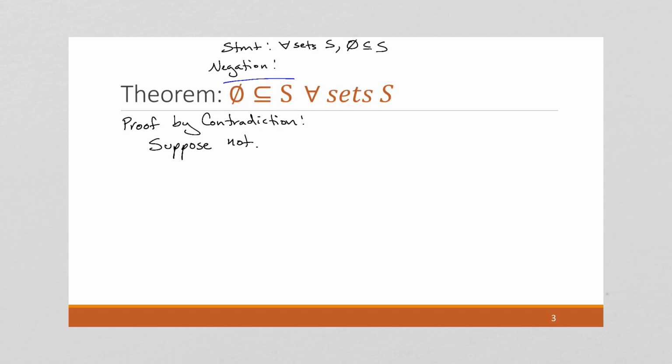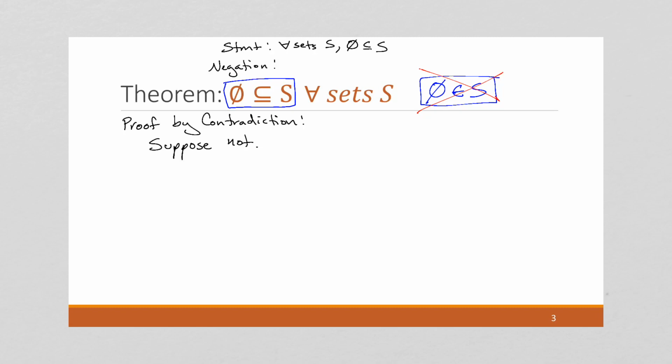We are saying the empty set is a subset of S. This is not saying that the empty set is an element of S. Right? These are two very different statements. So I'm not saying that somewhere in the bag or the set S, we have the empty set. What I am saying is that the empty set is contained within the set S for all S's.